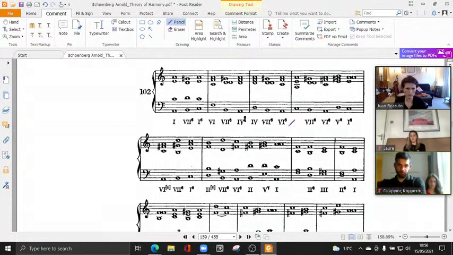And you have the second example, that is interesting. Third one, and we are not very used to listening to these progressions, to be honest. The fourth one.